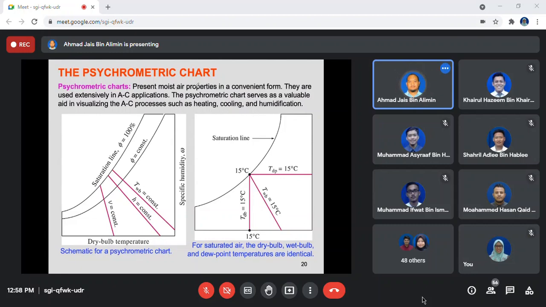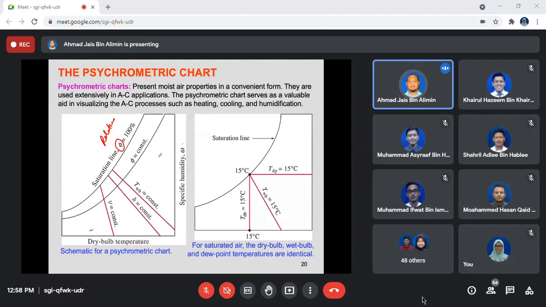Okay. When we read the psychrometric chart, the vertical axis is specific humidity, and then you have such a line here. Okay. Phi, or the relative humidity. So relative humidity is this diagonal line here.